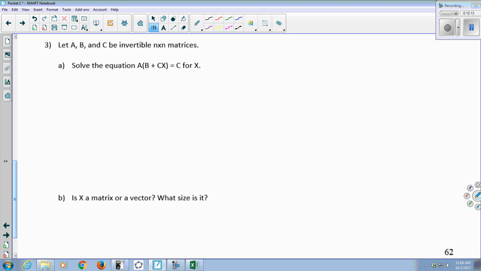I can think of two steps I could do first, right? I could distribute the A, because distribution works for matrices. Or, if those were all numbers, I would divide by A. You can't divide in matrix land, but I could multiply both sides of the equation by A inverse to move the A to the other side. Any preferences?